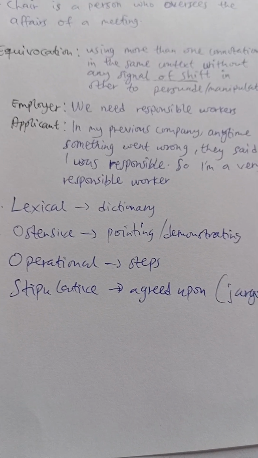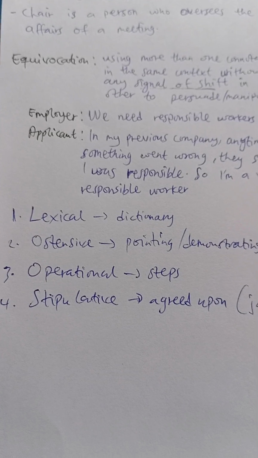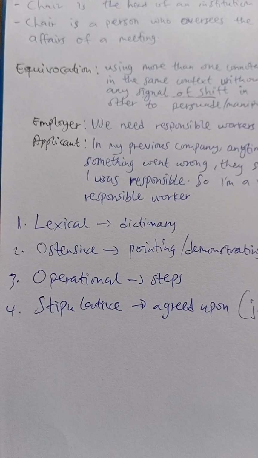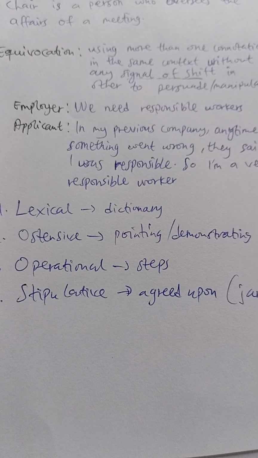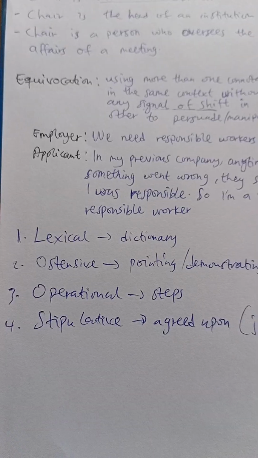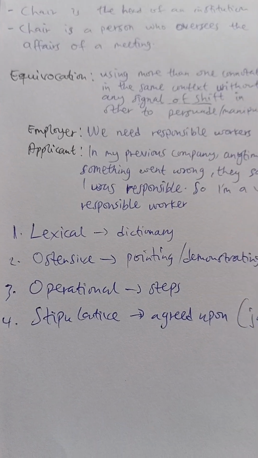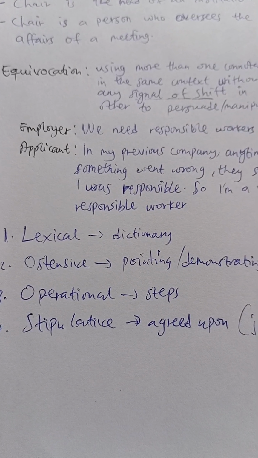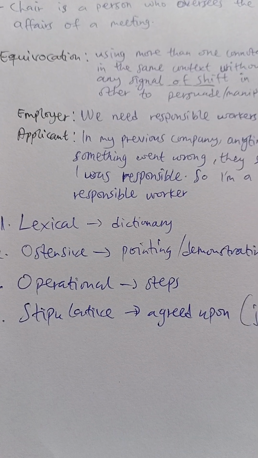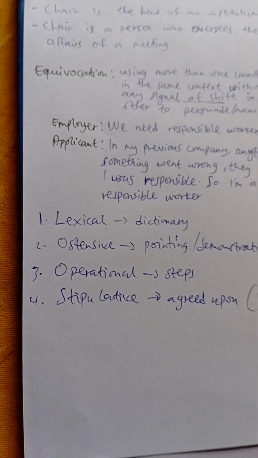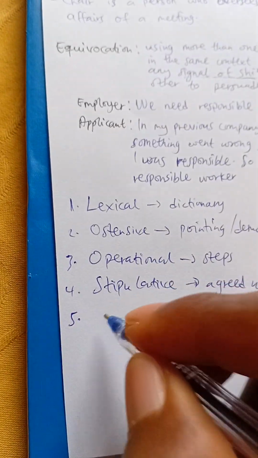You understand? So you can't go and see your lecturer and say, yo, Charlie, you understand? No, you can't do that. So here, stipulative definition, specifically we are talking about jargons, something that is agreed among a particular group of people.